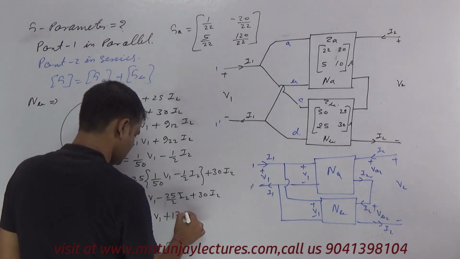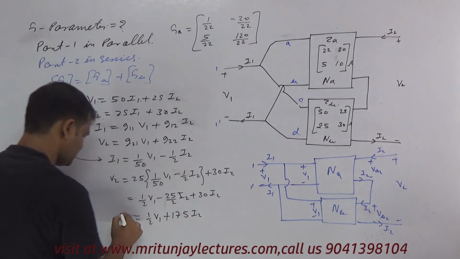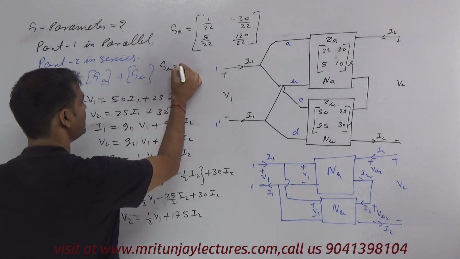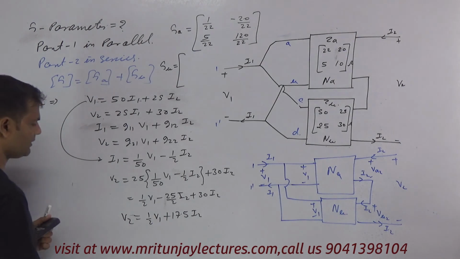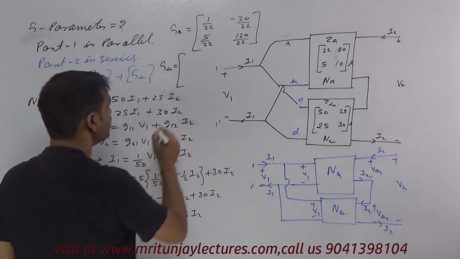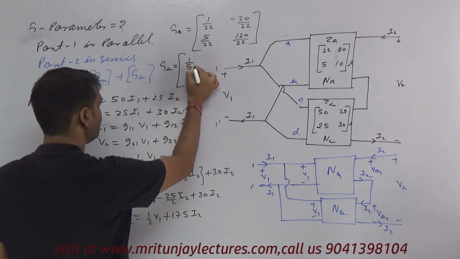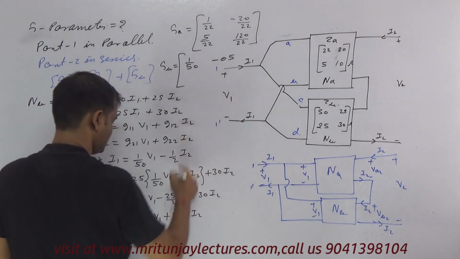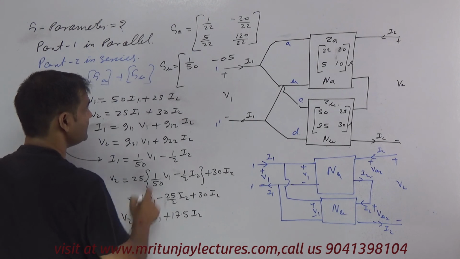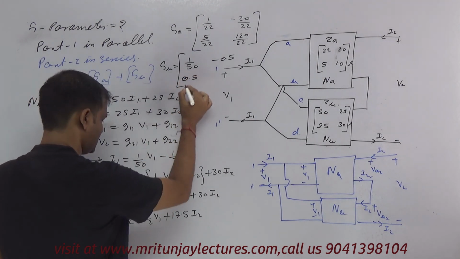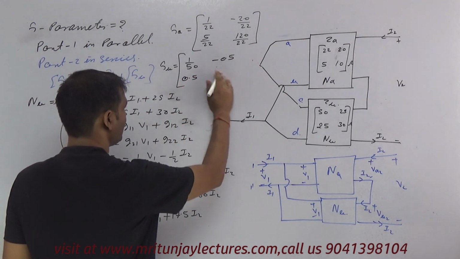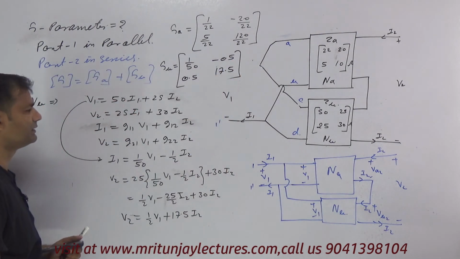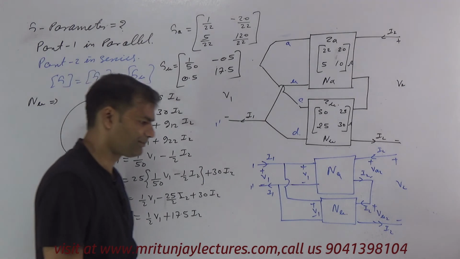We got 17.5 I2, that is V2. Okay. So GB will equal 1 by 50, minus 1 by 2, minus 0.5, and this is 0, and here 17.5. Okay, that is GA and GB.